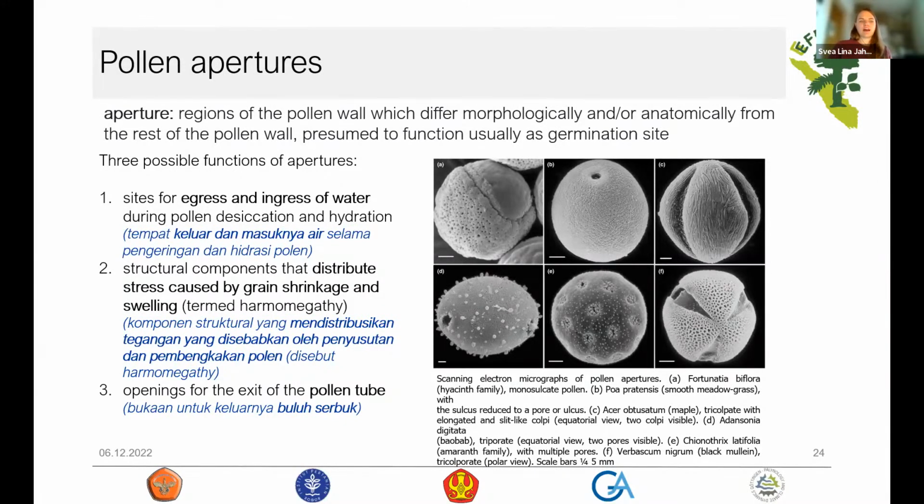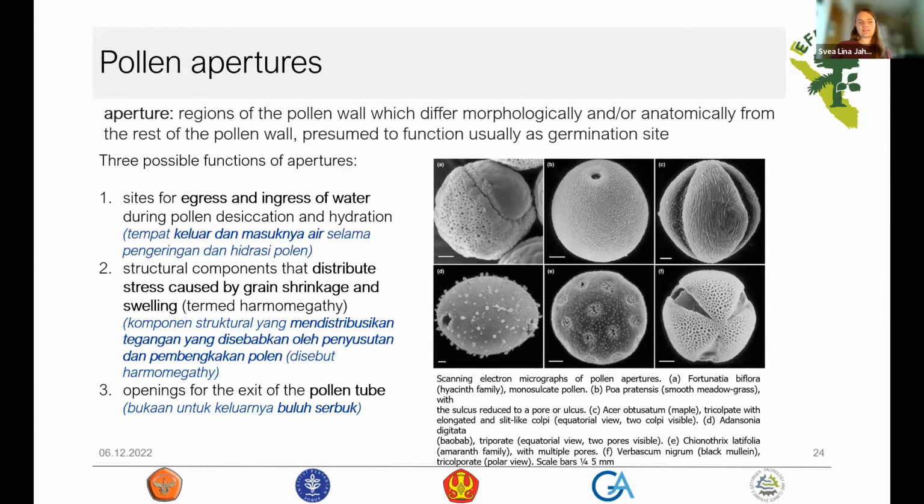However, it can also have other functions, for example, the egress and ingress of water during desiccation and hydration. So while the pollen is transported, it can actually shrink and or take up water to basically deal with different environmental conditions.